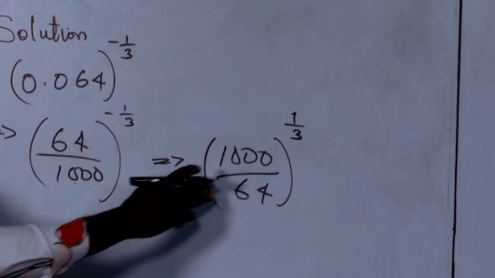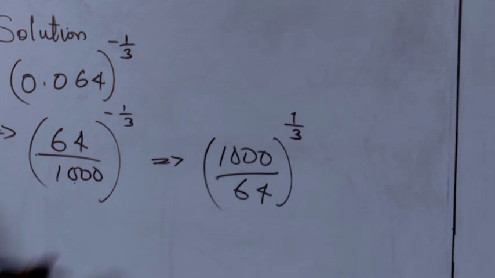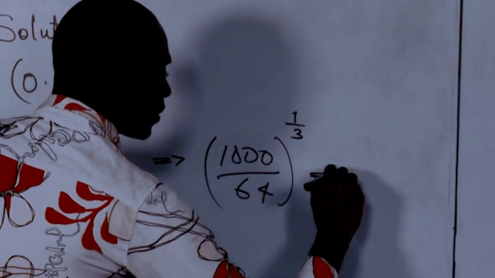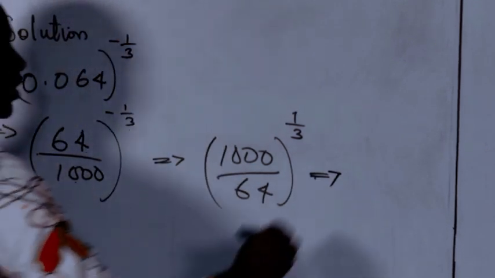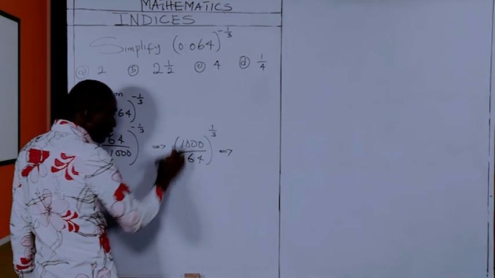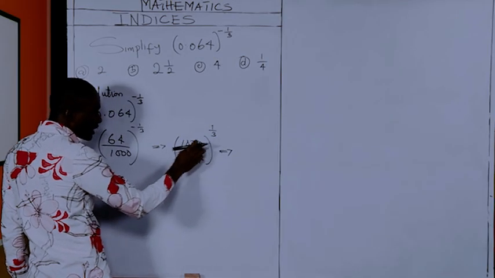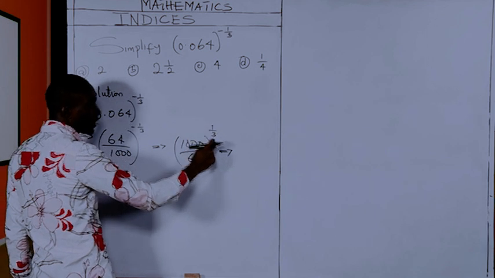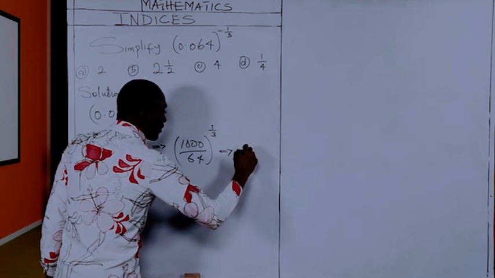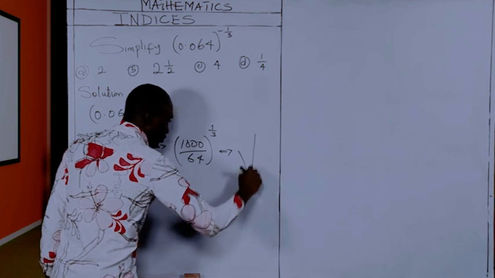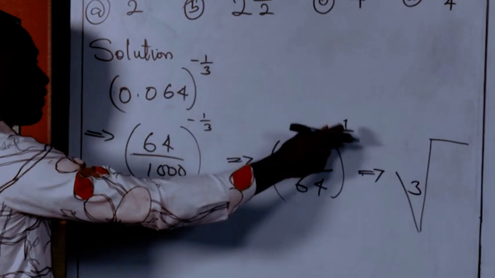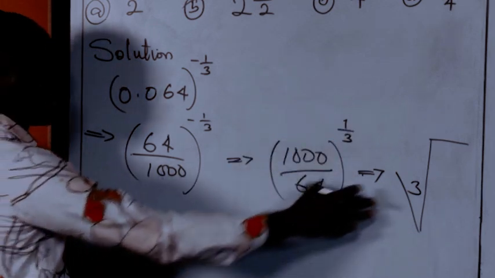This means the whole of 1000 over 64 carries the power 1 over 3. This 1 over 3 in indices means cube root.